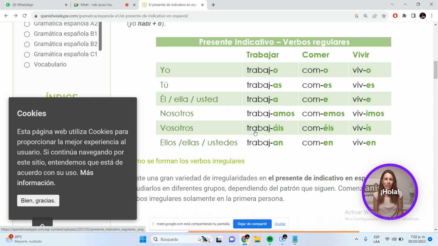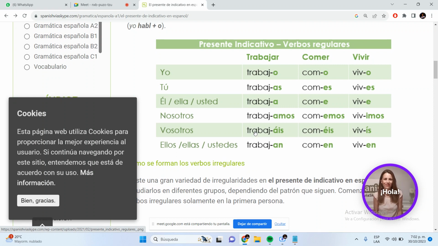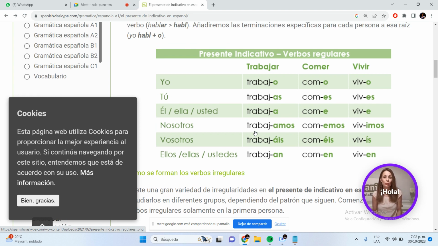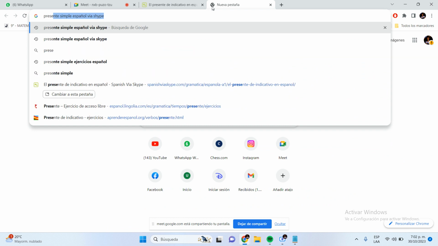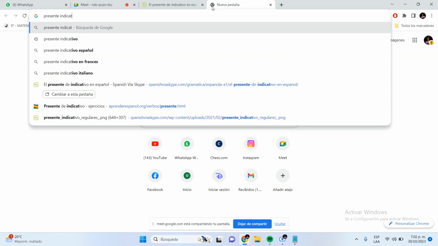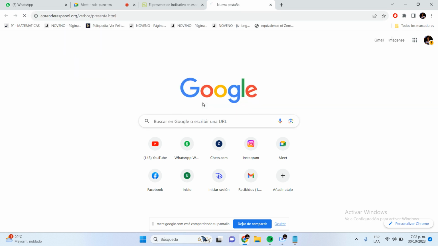So for next class, we're going to talk about irregular verbs, and then we can talk about the phrases you want to learn. I know irregular sounds a little scary, but the irregular verbs have kind of a pattern, so you can see that in next class.